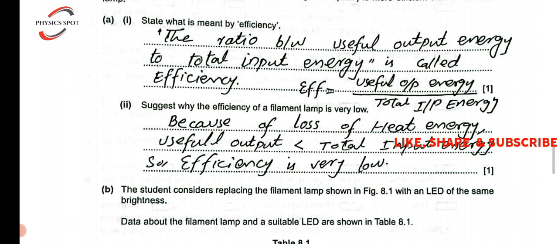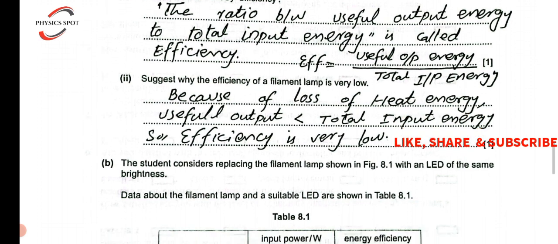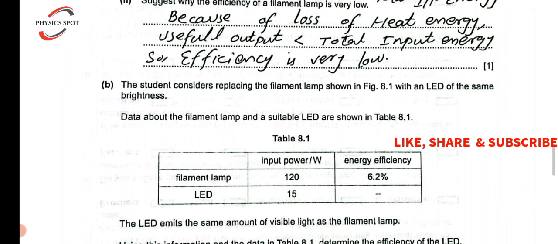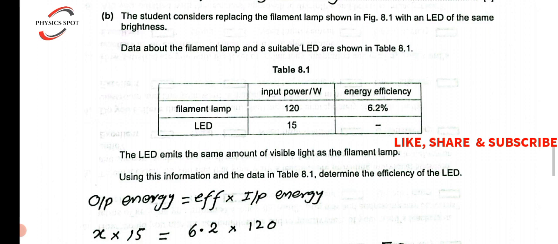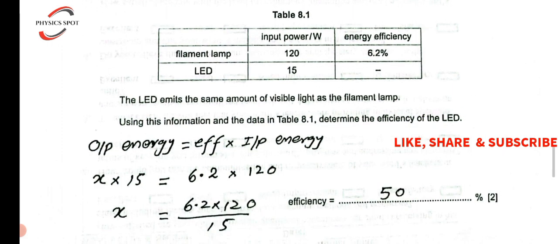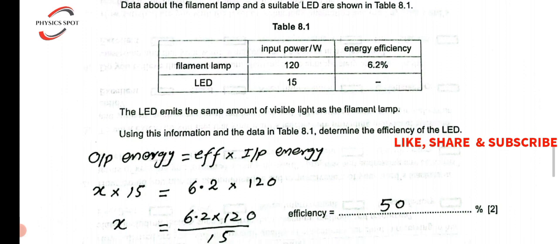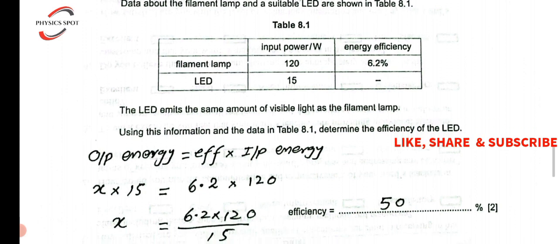The student considers replacing the filament lamp shown in figure 8.1 with an LED of the same brightness. Data about the filament lamp and a suitable LED are shown in table 8.1. Filament lamp input power 120, efficiency 6.2%, LED 15, and the energy efficiency we have to find. So we use output energy equal to efficiency multiplied by input energy.